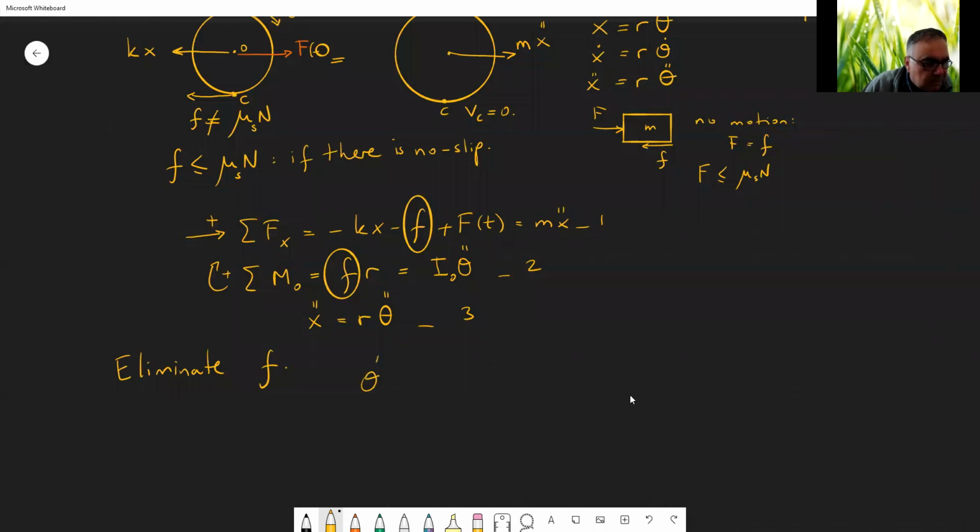For example, theta double dot is equal to F R over I0, and we have x double dot is equal to R theta double dot.